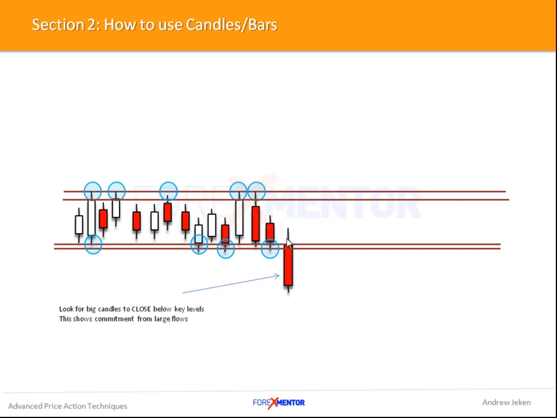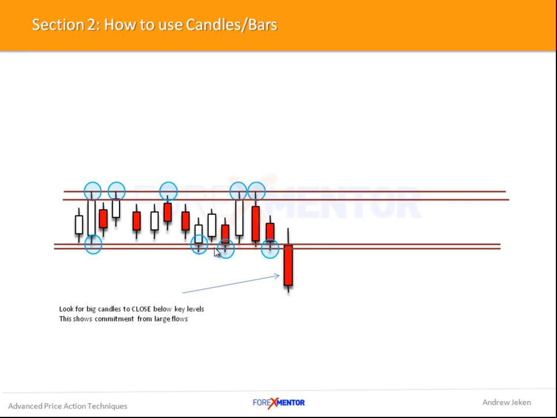You don't want to see it just close very briefly below or just above a level. You want to actually see it take out.